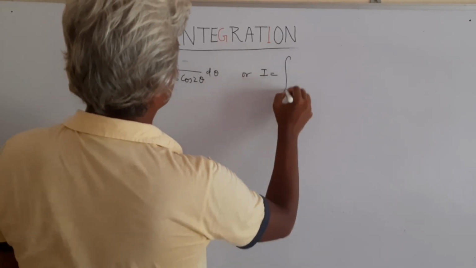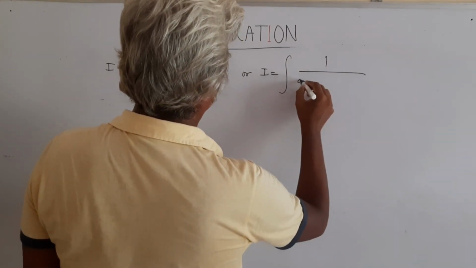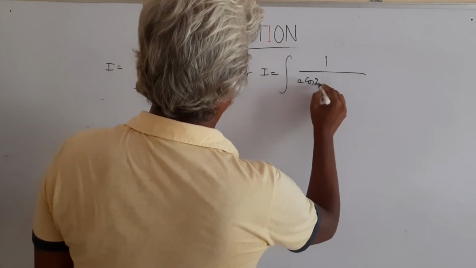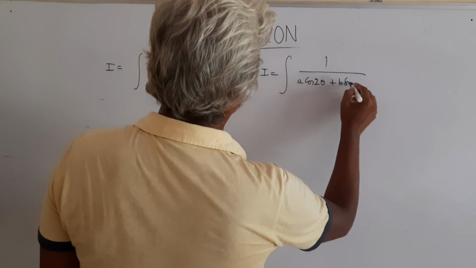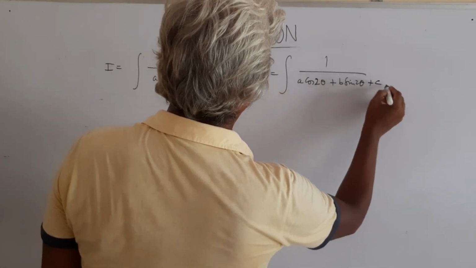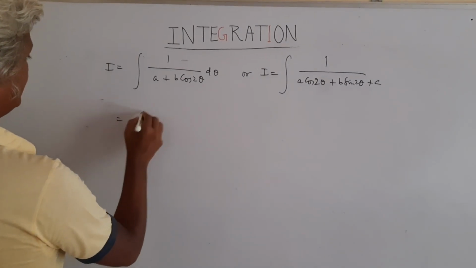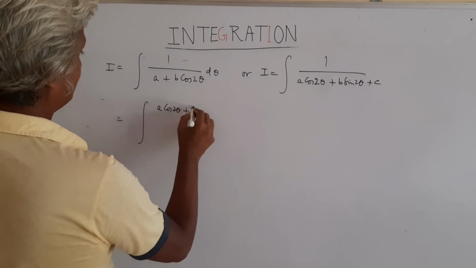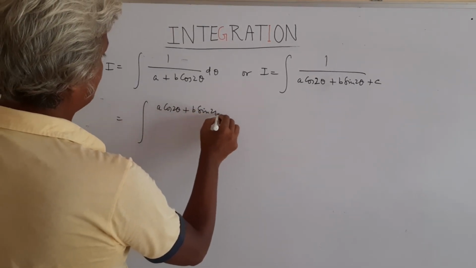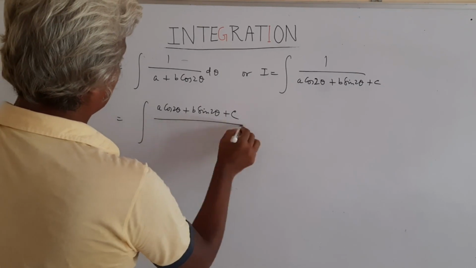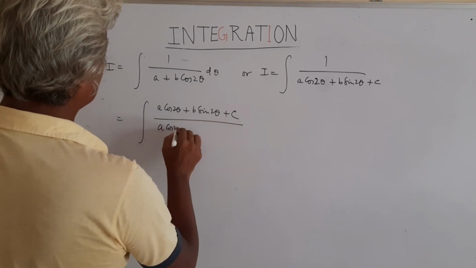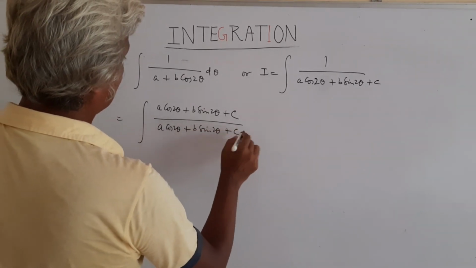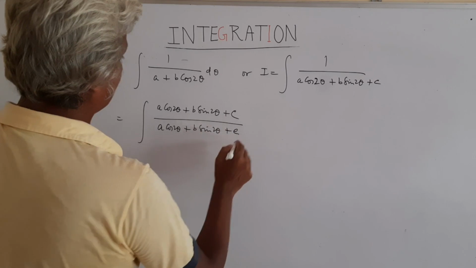Or I equals integral of 1 over a cos 2 theta plus b sin 2 theta plus c, or you have an integration of the form a cos 2 theta plus b sin 2 theta plus c upon a cos 2 theta plus b sin 2 theta plus d, or e.